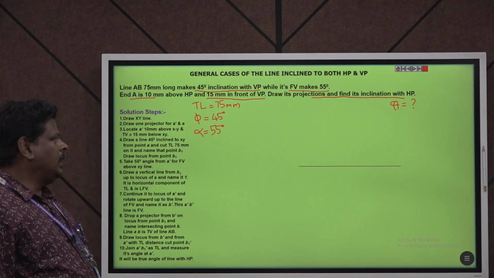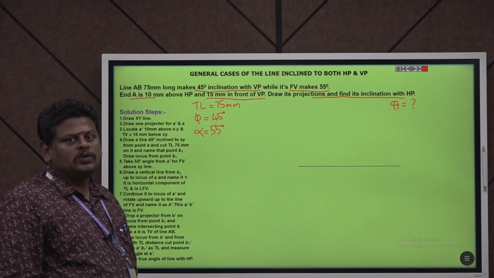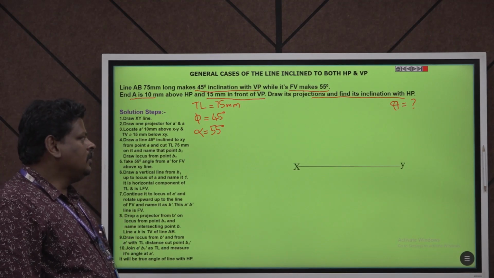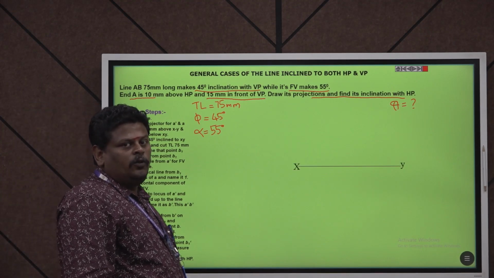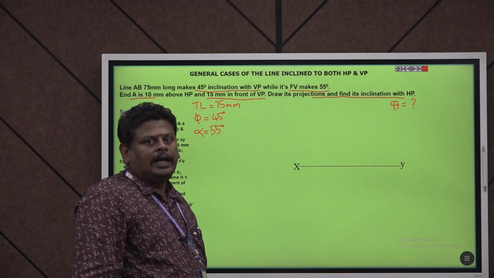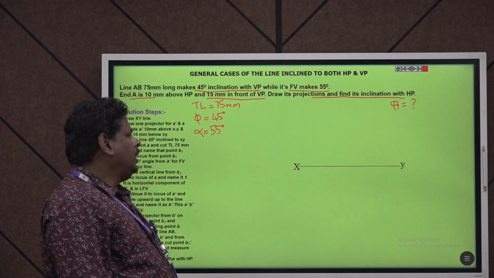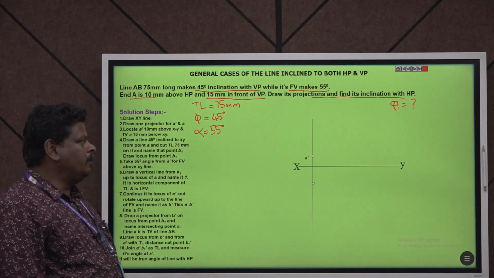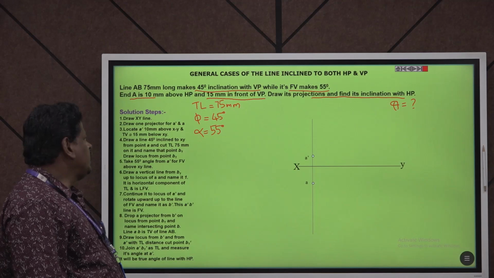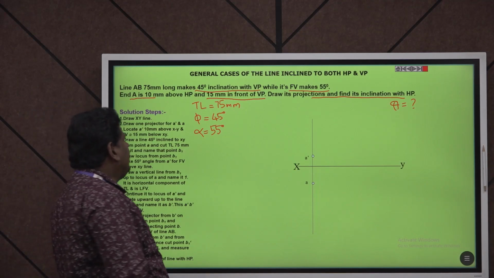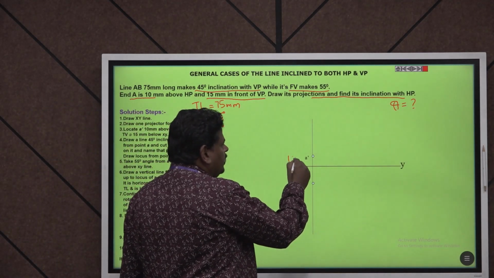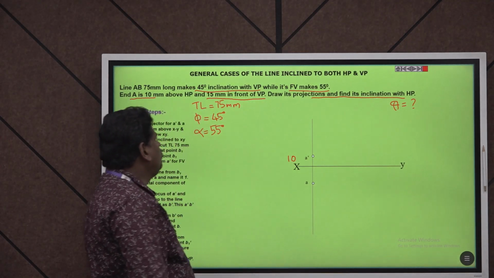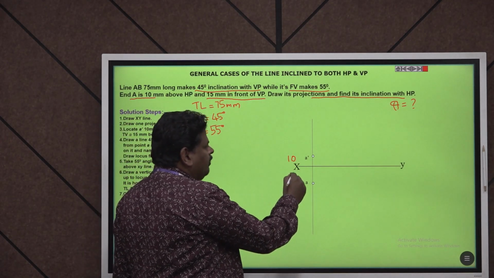Now we shall draw the reference line XY as usual. This is our XY reference line, which we generally draw as the first step. Here we are going to locate the first end point. We know the first end point A is 10 mm above HP and 15 mm in front of VP.